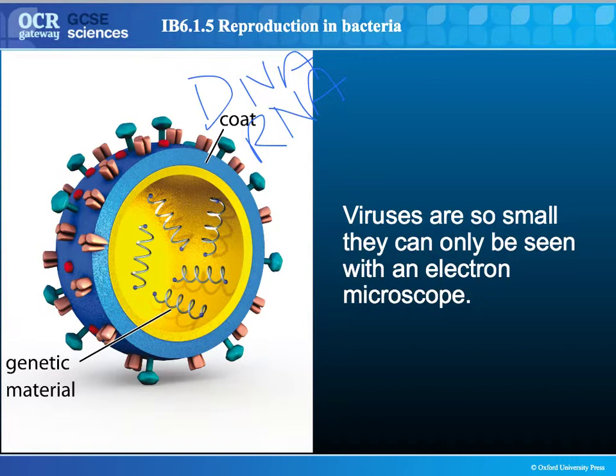Now, viruses are so specific that they will only infect one type of host. Now, this is not strictly true. There are exceptions, such as swine flu and bird flu, where we've got different hosts, but they are the exceptions. But in general, this doesn't tend to happen.